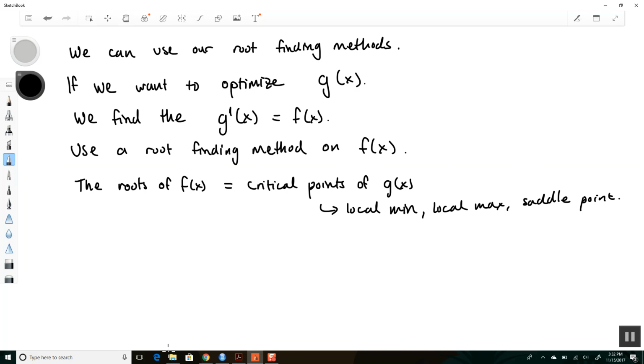Okay, so probably the most commonly used one will be the Newton-Raphson method, because usually if you're forced to take the derivative to use this, you might as well just take another derivative, and then you can use Newton-Raphson. But that's what we have.